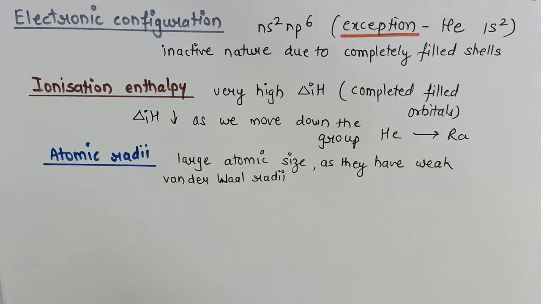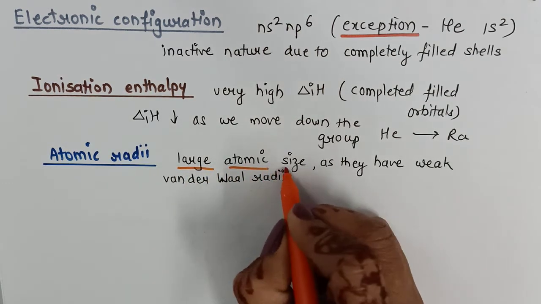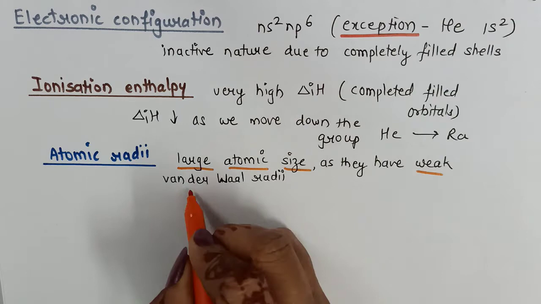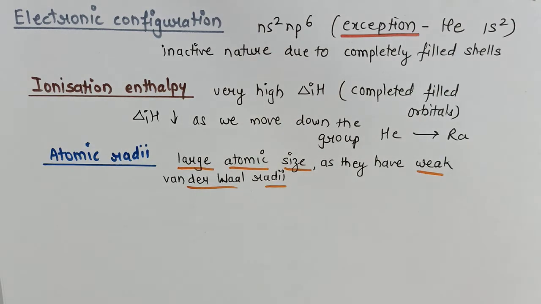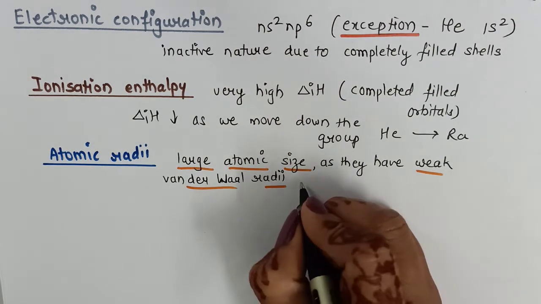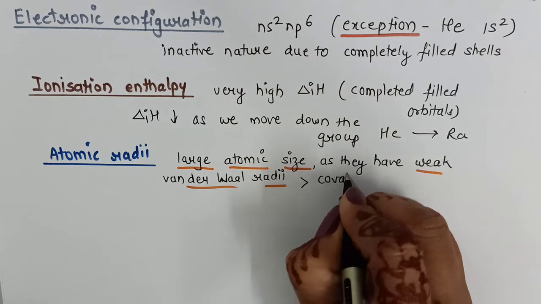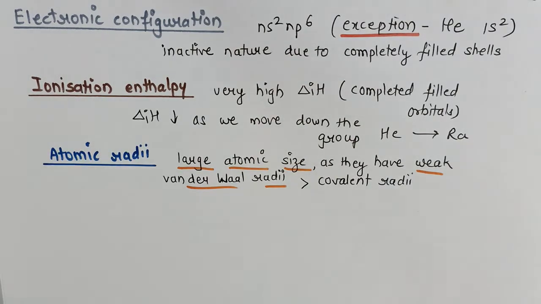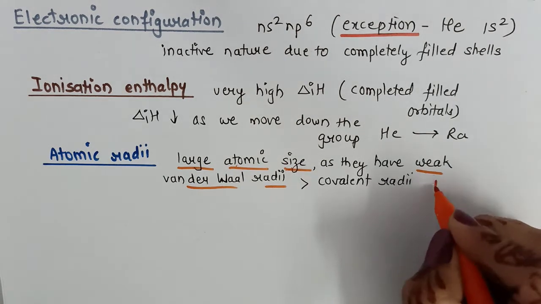For example, neon will have the largest atomic radius in the second period. Now, why do noble gases show the largest atomic size? Because noble gases have weak van der Waals radii, and van der Waals radii are larger even than covalent radii, and therefore noble gases have larger atomic size. They are the largest in their respective period.